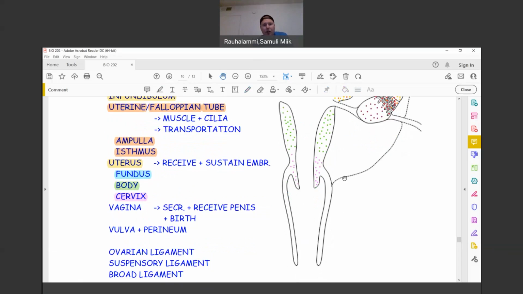And then, like I mentioned, we have the remaining parts to add to the diagram. Those are the vagina and the vulva and perineum, the external structures. So really the function of the vagina is to receive the penis, and also that is, of course, the birth canal that the baby has to pass through as it is born.